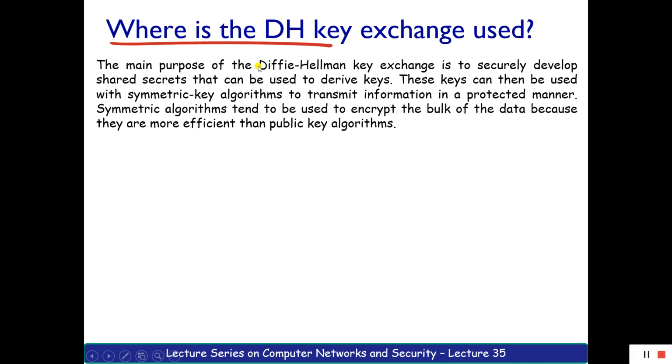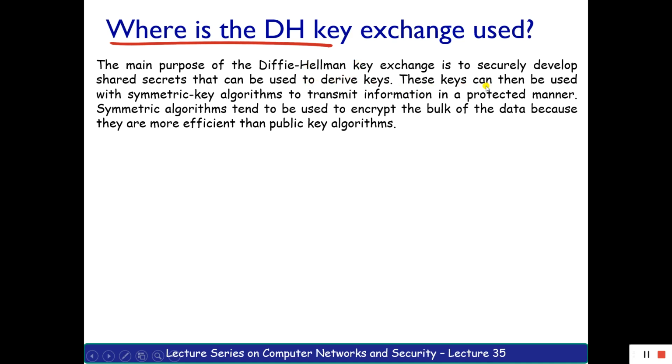Basically, the main purpose of using this Diffie-Hellman key exchange is to securely develop shared secrets that can be used to derive keys. Whatever shared secrets there are, like a public key you want to send or your secret symmetric keys, if you want to share these things, that is when you make use of Diffie-Hellman key exchange.